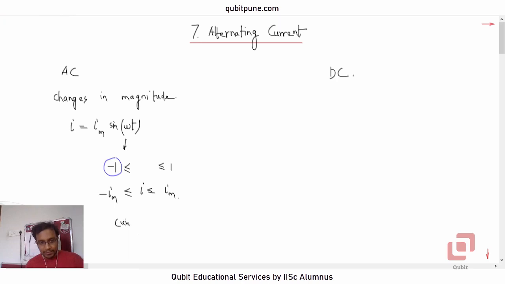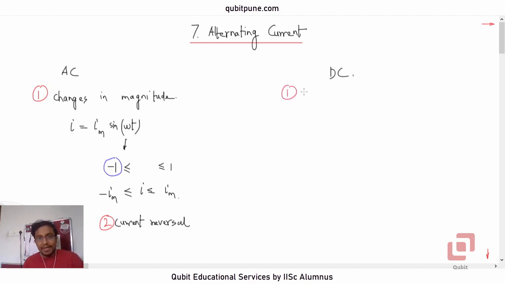So current reversal, in addition to changes in magnitude, are the characteristics of an alternating current or an AC voltage. Changes in magnitude and current reversal. In direct current, for a DC, you might think that DC always has a constant magnitude, but that is not true.